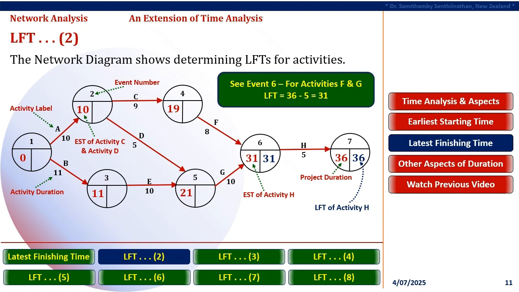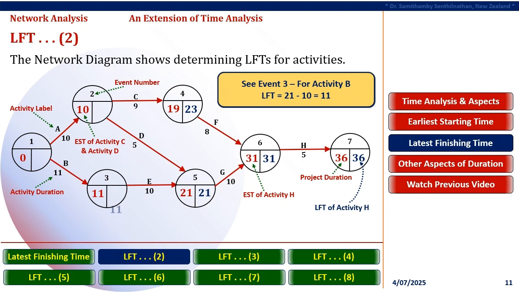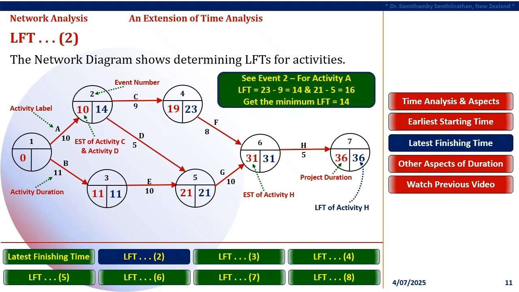The network diagram shows determining LFTs for activities. For determining LFTs of activities in a project, it is important to consider first the EST placed in the last event of the project. The same EST duration needs to be placed on right in the last event of the project. In this example, note that the duration 36 months on the left in Event 7 is placed on the right in Event 7 as LFT.